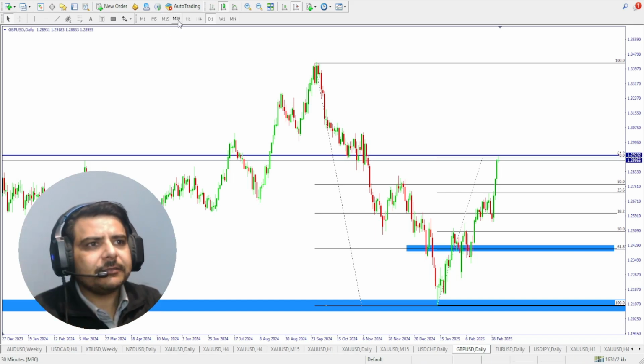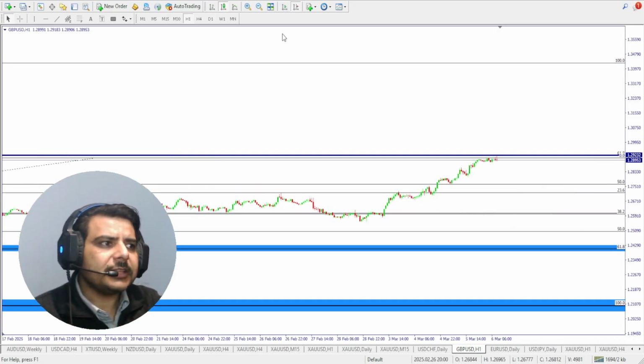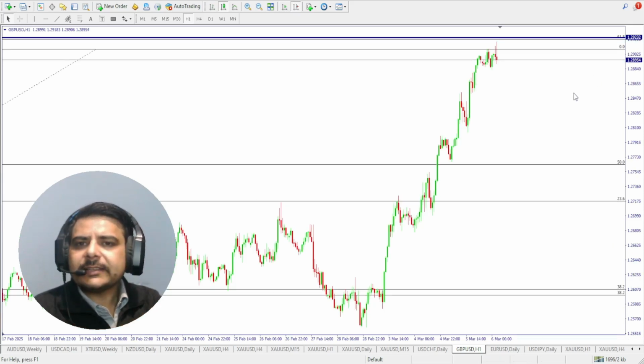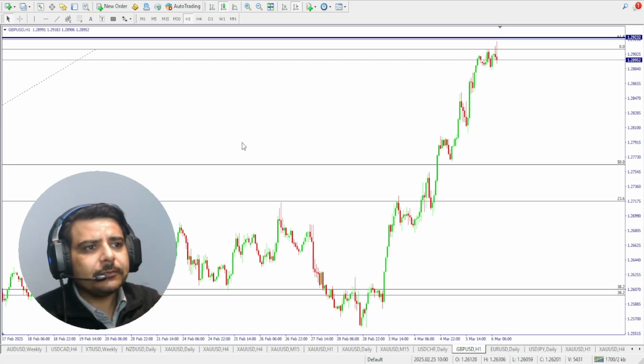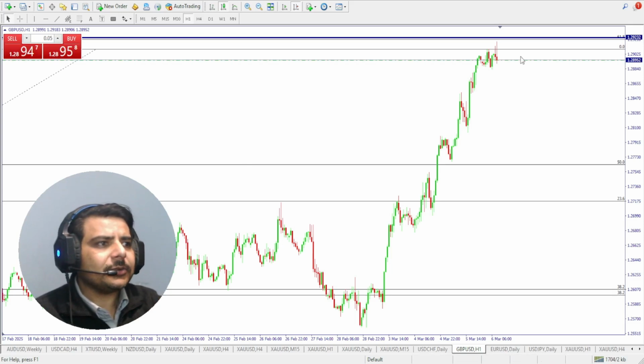For example, if I right now move on to the H1, I will see a very nice and fantastic sell at this particular zone. If this level is a sell, I would definitely like to sell something right here, and my take profit will be a little bit above that.